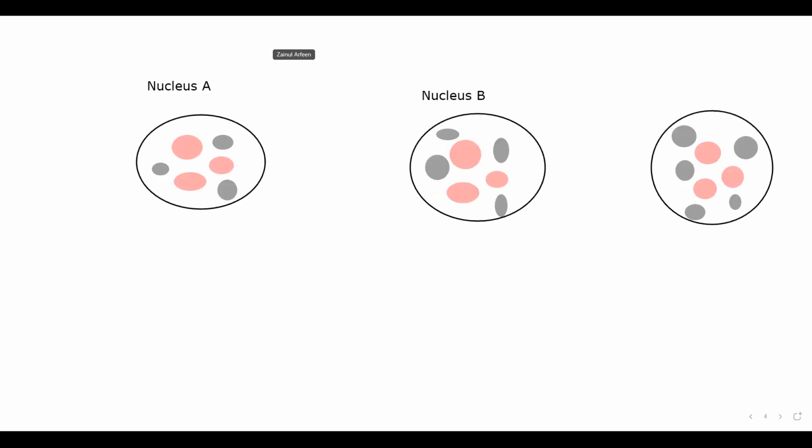So when we are drawing, for example, I'm drawing nucleus A, nucleus B, and nucleus C. The gray shade is representing a neutron and the pink shade is representing the proton.